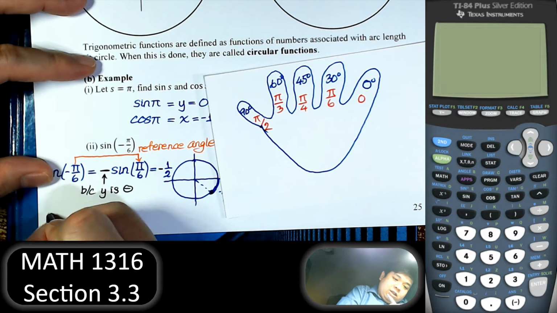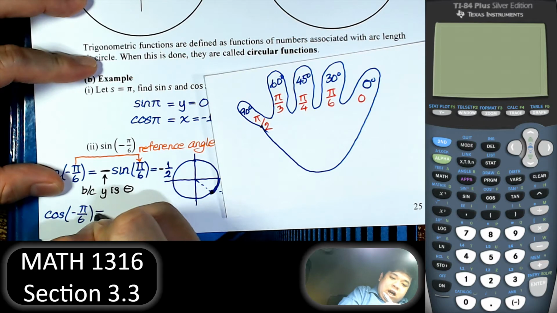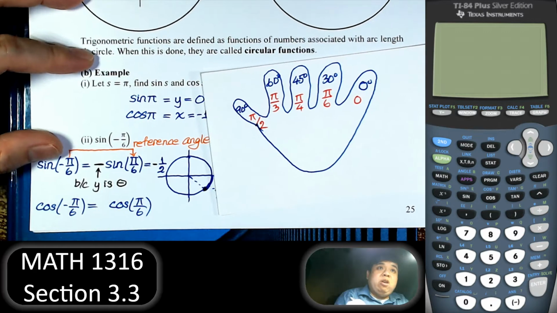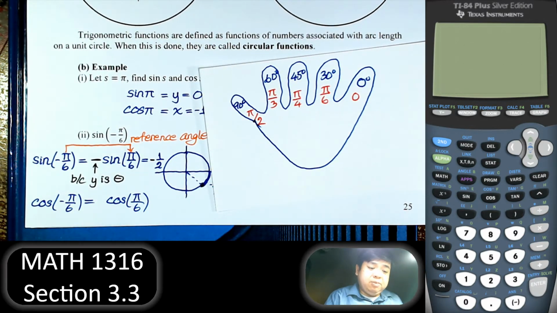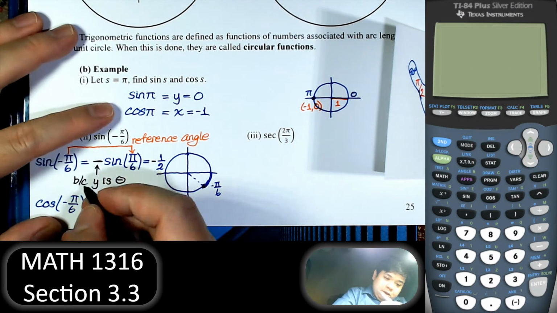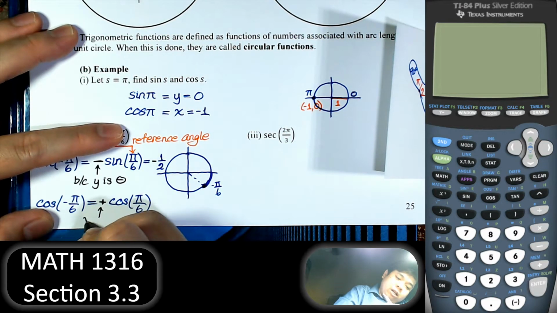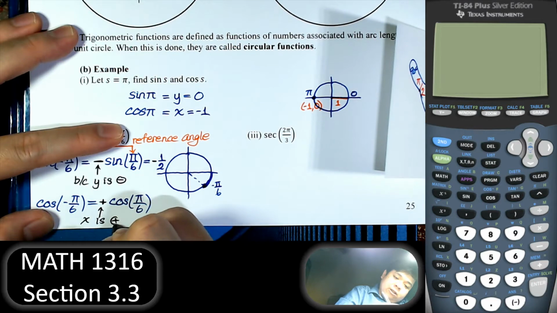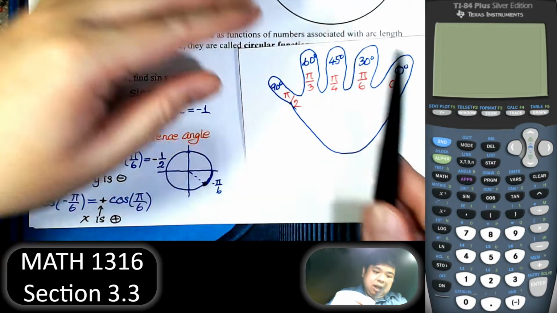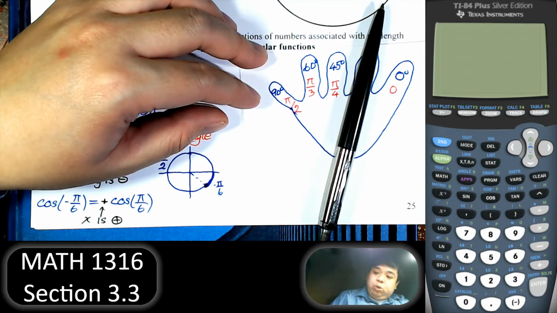Next, we find cosine of -pi/6. It is related to cosine of the reference angle pi over 6. But at this point, x is positive, so this will be positive because the x value is positive. And then cosine of pi over 6: there are 3 fingers on the left, so square root of 3 over 2.